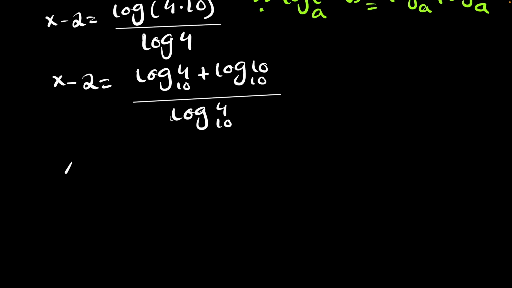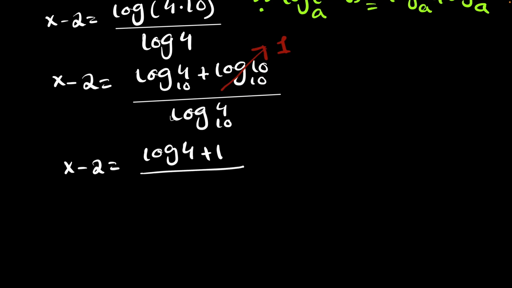Let's go. I'm going to write x minus 2 is equal to log of 4 to the base 10. We're going to write just log of 4, and log of 10 to the base 10, you know that this part is going to be 1. So plus 1 over log of 4.